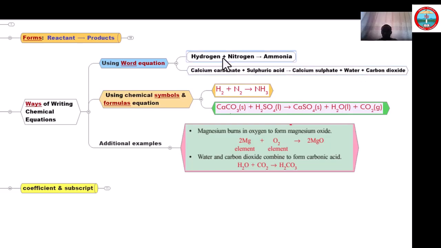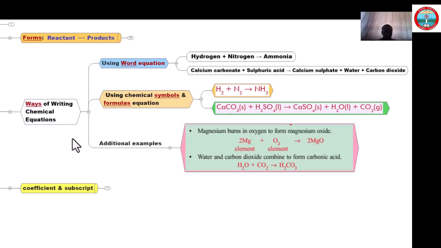This is the way of writing a chemical equation using a word equation, and this is the way of writing it using chemical symbols and formulas for the above word equations. Additionally, magnesium burns in oxygen to form magnesium oxide. This statement can be written in this chemical symbol and formula form. So this is the way of writing chemical equations.